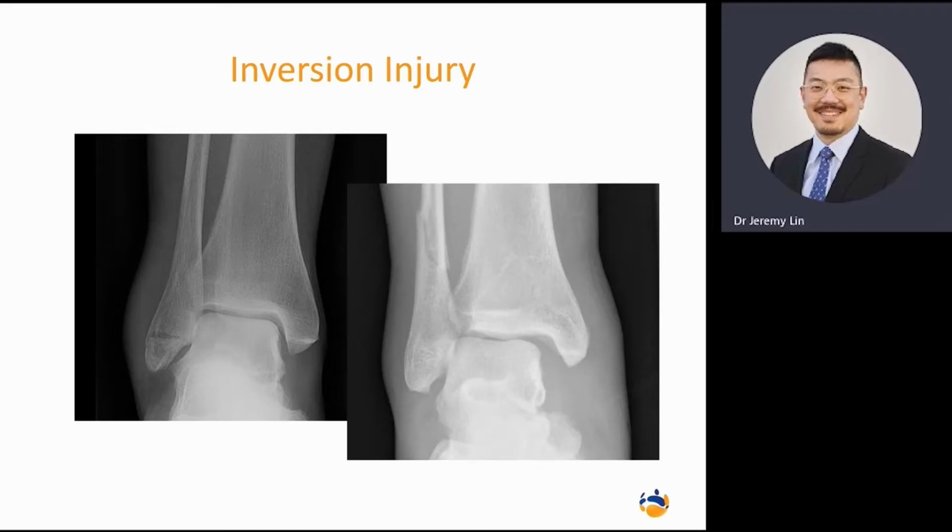And in this situation, this is when we start getting concerned about, one, the integrity of the AITFL, two, possible osteochondral injuries. In this situation, we don't see any osteochondral fractures or osteochondral lesions or displaced lesions, but whether or not there is actual chondromalacia or chondral contusion associated with this injury, very likely.